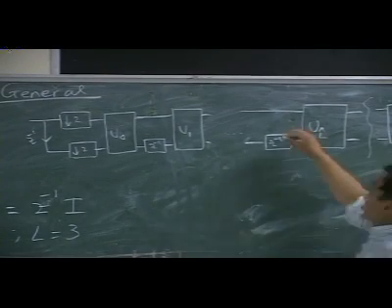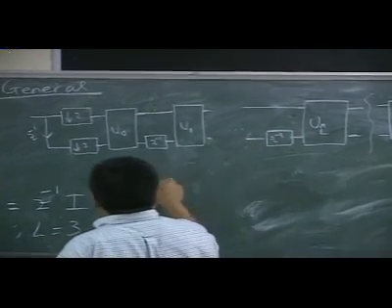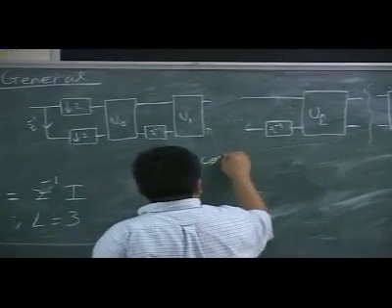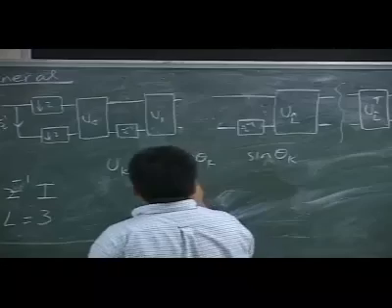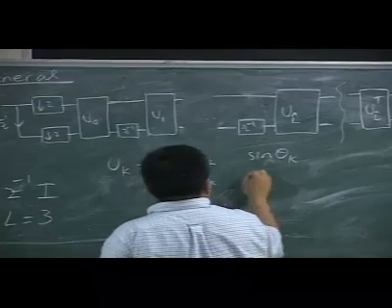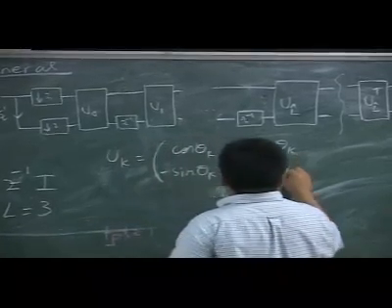So U_k: cosine theta k, sine theta k, minus sine theta k, cosine theta k.